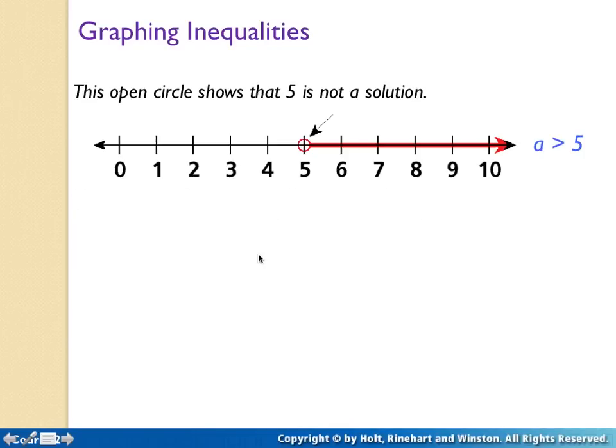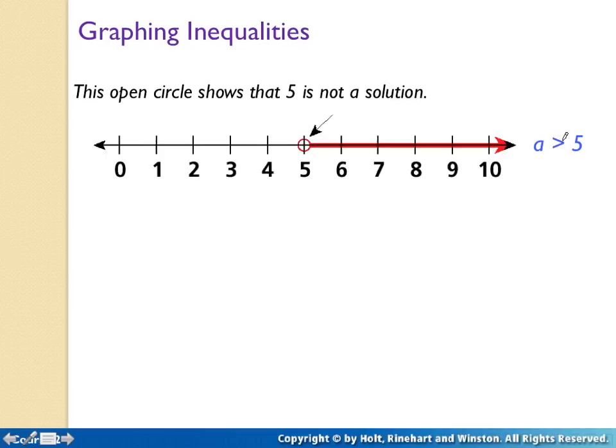When we're graphing inequalities, an open circle shows that 5 is not part of the solution. Remember when we were going through the definitions, I told you that if your inequality is x is greater than 5, when you're graphing that, you're going to put a symbol at 5 on the number line.